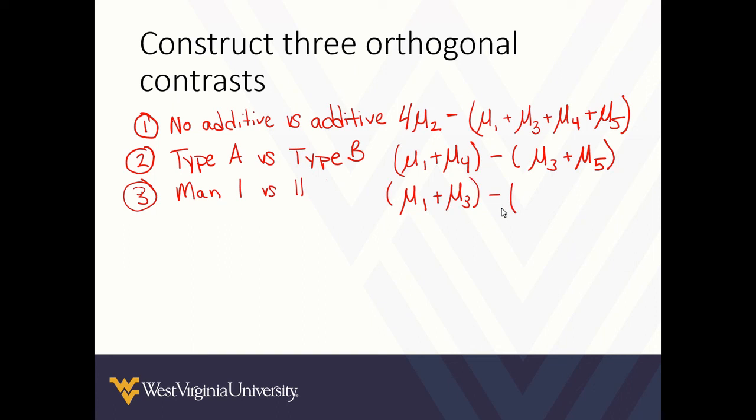And for manufacturer 2, that was mu4 and mu5. And so now that we've constructed our contrasts, we should make sure that they are orthogonal. So let's do a test of this.